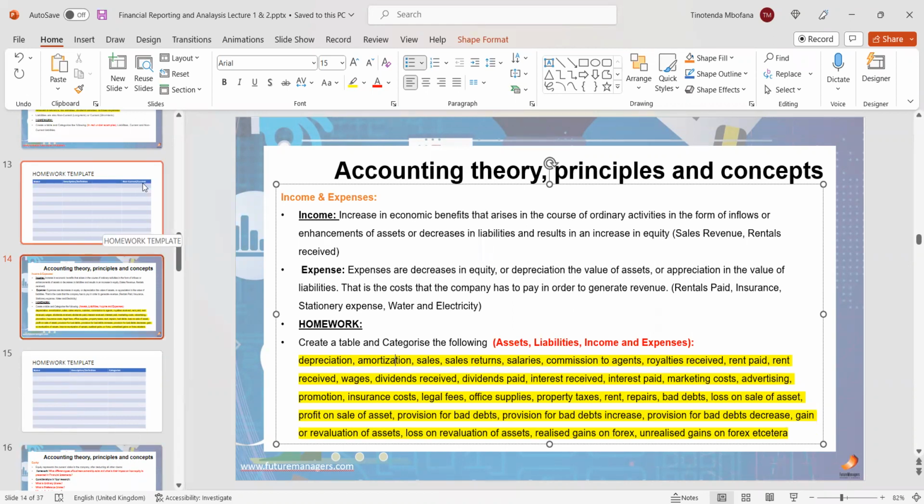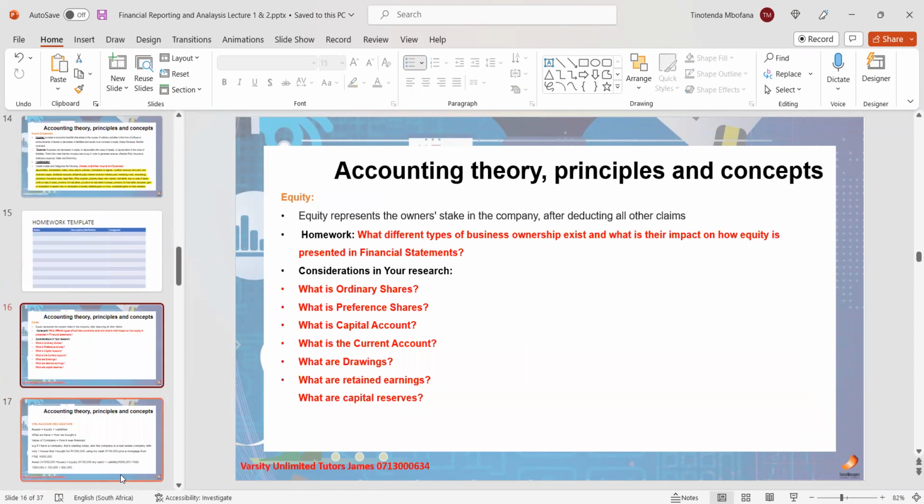So you now notice that we have done assets, liabilities, income, and expenses. So there's one thing left, which is what? Which is equity. What is equity? When we're talking about equity, we're just looking at the owner of the business, right? If you own a business, there is money that you have invested into the business, and that is what we call equity, right?